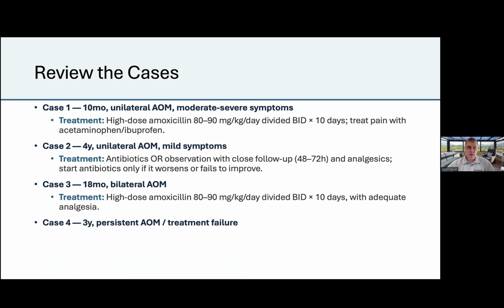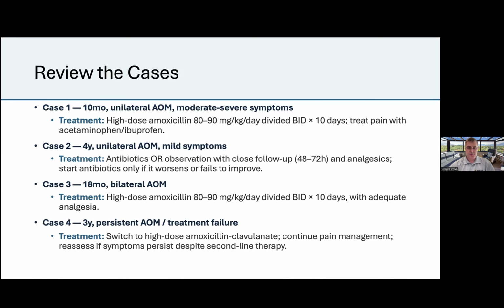Okay. Our 3-year-old with persistent otitis and potential treatment failure. What are we doing for this kiddo? I think we've bought ourselves a second line agent. I think so. Initial recommendation is switching to something with beta lactamase coverage.